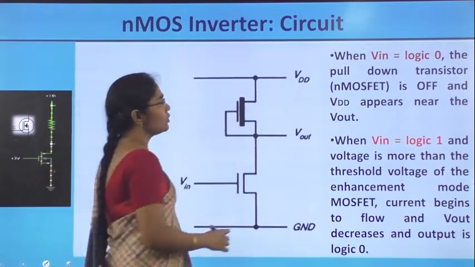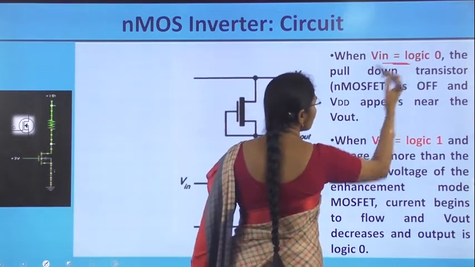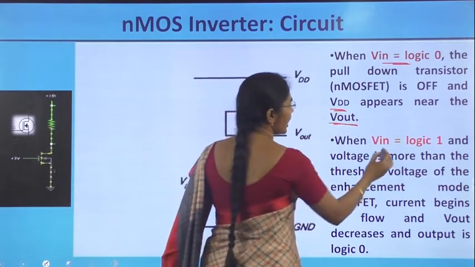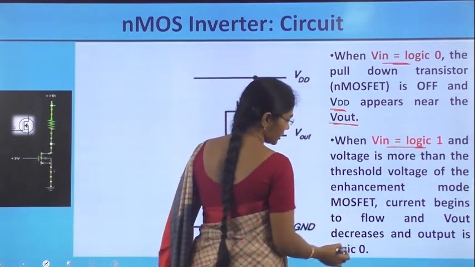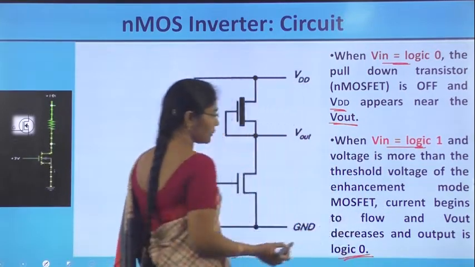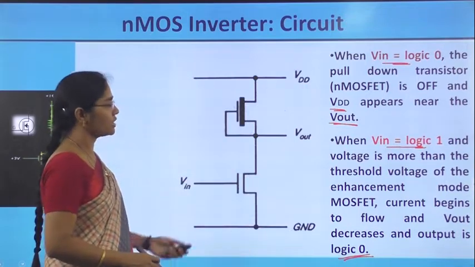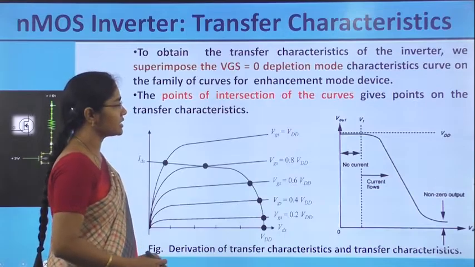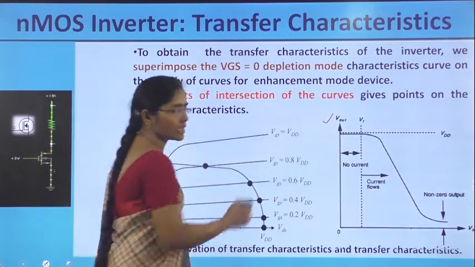That means when Vin is equal to logic 0, the output is equal to VDD, and when Vin is equal to logic 1, the output is approximately logic 0. And if these two are represented as a characteristic, then it will look like this.